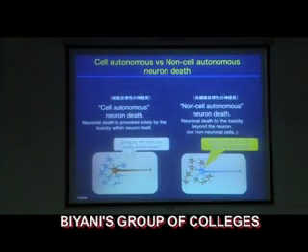So there are two different hypotheses to explain the neuronal degeneration. One is cell-autonomous neurodegeneration, and the other is non-cell-autonomous neurodegeneration.